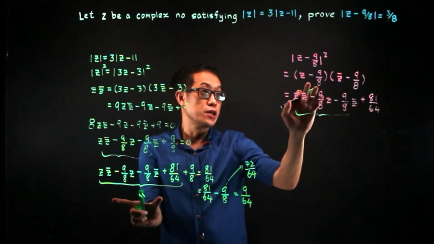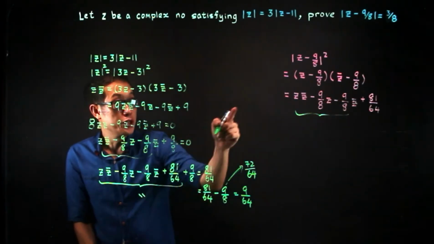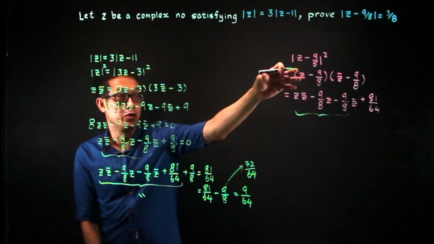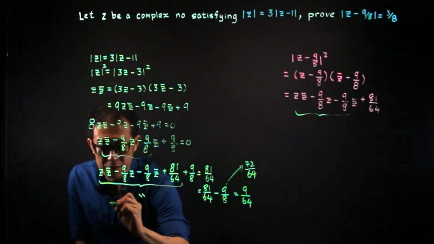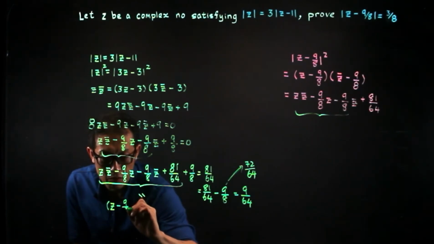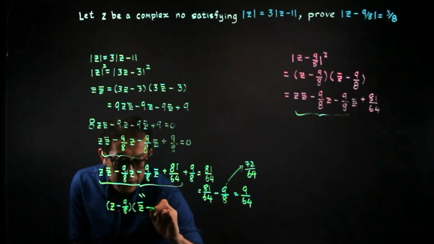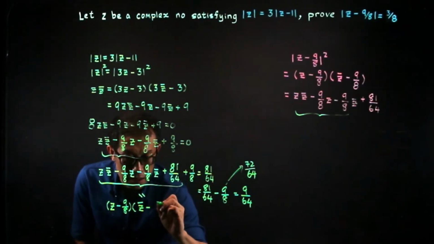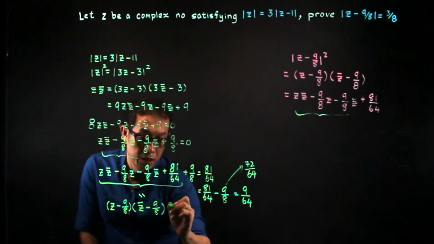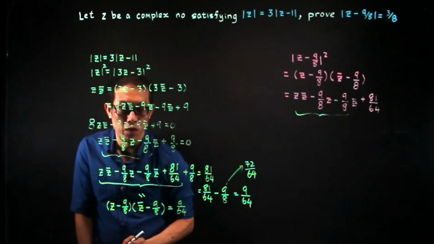This is equals to this times this, which is equals to modulus of Z minus 9 over 8 squared. Maybe I just write this first. This is equals to Z minus 9 over 8 times the conjugate of Z minus 9 over 8, equals to 9 over 64.